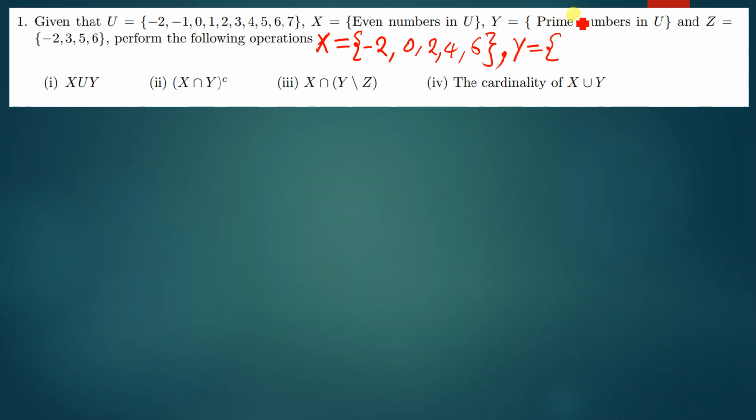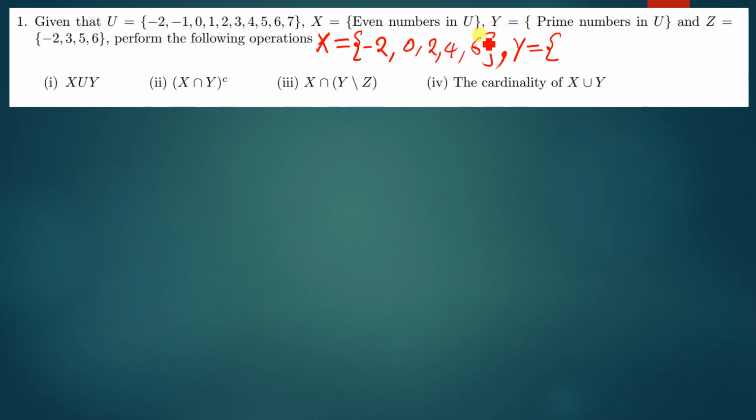So set y is simply just the set of prime numbers that are in u. So what is a prime number? That is the basic thing that you need to know. So a prime number is simply just a number that only has 2 factors. But you also need to know that there is a condition attached to prime numbers. These are supposed to be natural numbers. So what are natural numbers?